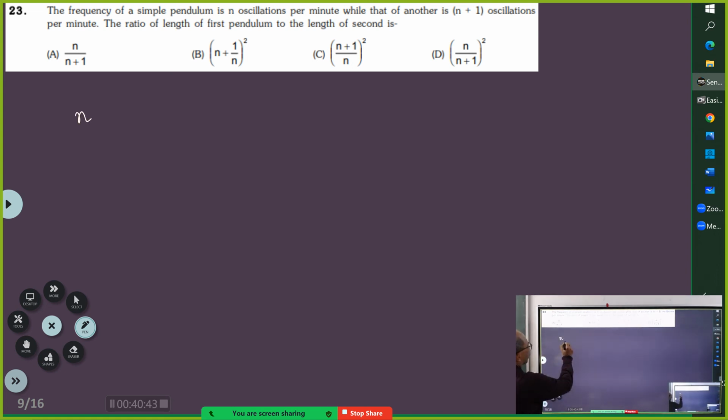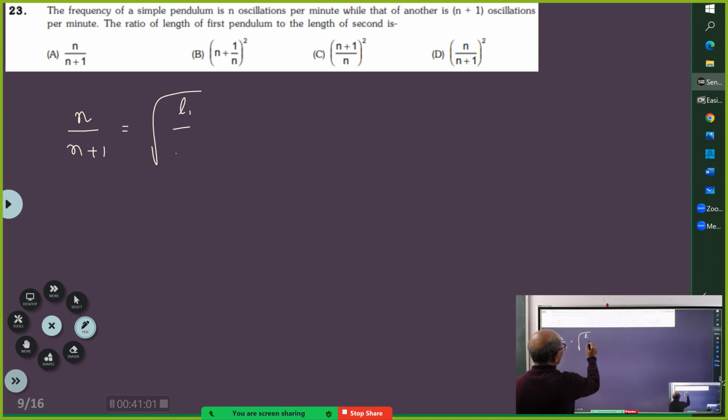So this will be Option C. So n and n plus 1 should be equal, everything else will cancel. It's only the lengths that matter. So this length should be L1 and this length should be L2.